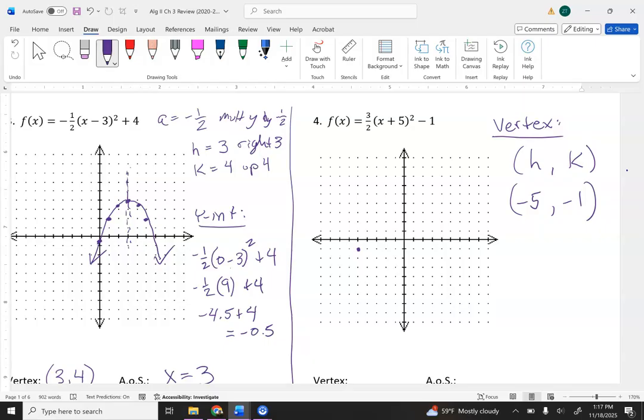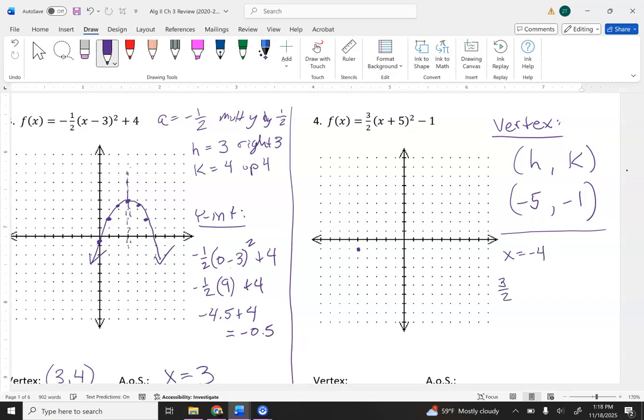There's two ways that you can deal with this. One way is just to plug in values of x. Since our vertex is at -5 for the x value, we would want to plug in values that are close to -5. So we can do x equals -4, and plug that into the equation.